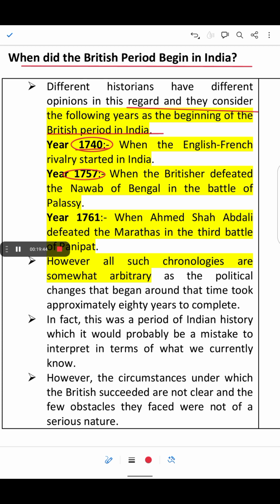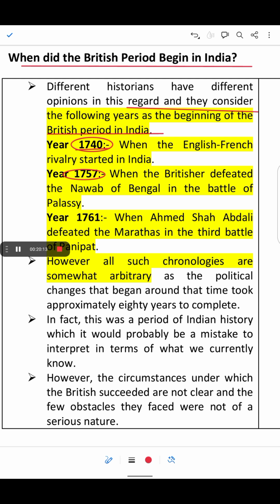In the Battle of Plassey in 1757, Robert Clive defeated Nawab Siraj-ud-Daula of Bengal, and this victory gave the British control over Bengal, one of the wealthiest and most important regions of India. After this battle, the Company established political control over Bengal and began using it as a base to expand further into India.